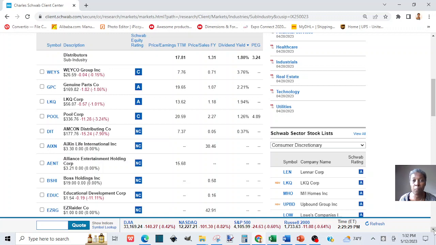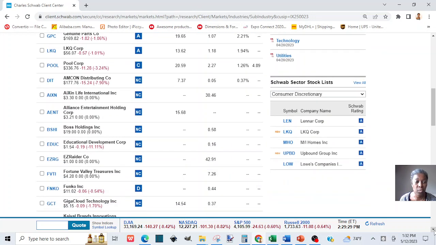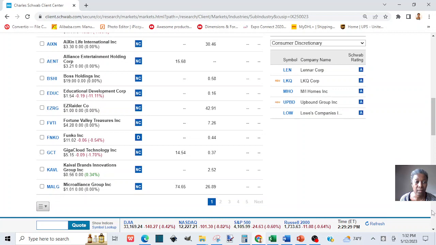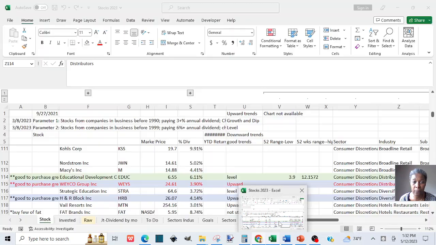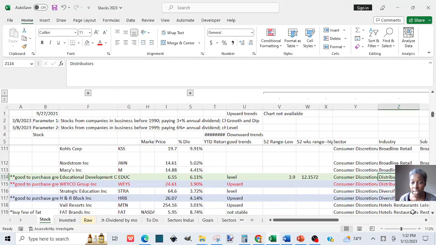So that means the industries are ever changing. They are moving from one industry to the other. Probably I'm not seeing EDU in this list, but Wesco is still here. So Wesco is added, and the dividend rate could have been different, and the price could be different as well. I had 390 by the time that I did it, and the price will be different.